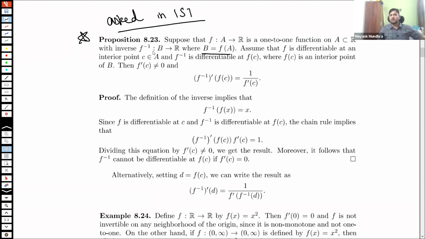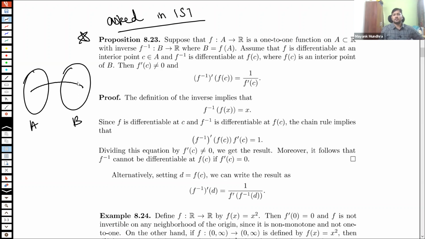So what we are saying is that the domain of f inverse is the range of f. So the range of f is f of a, and that is equal to the domain of its inverse, which is fairly straightforward. If you have this a and this b, the set f of a should be equal to this set b. So this is going to be your f, and this is going to be your f inverse.